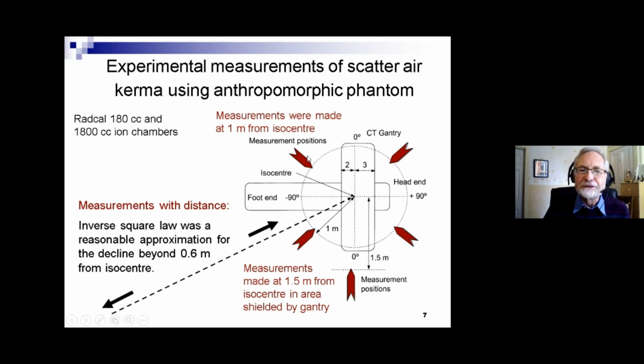So we did measurements all the way around at 1 meter, apart from behind the gantry, where we had to use 1.5 meters. But that gave us a complete set of measurements all the way around that we could then convert to 1 meter. You notice here that the isocenter is closer to the front, and this seems to be followed in all of the different models that we looked at.